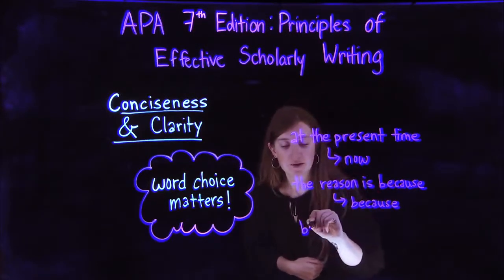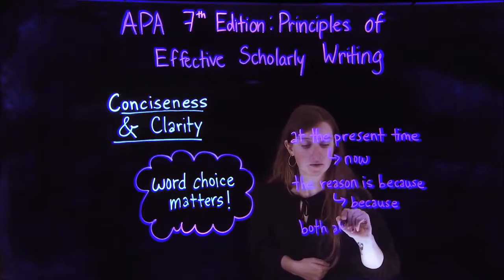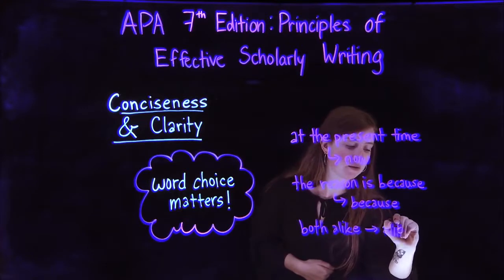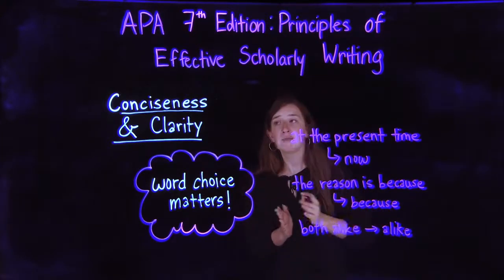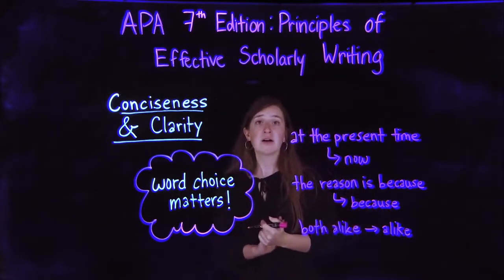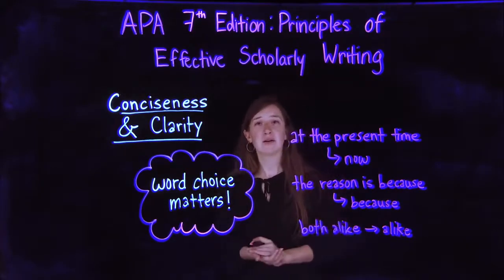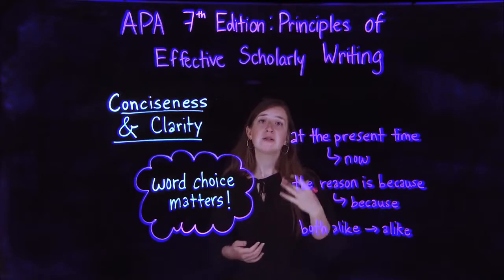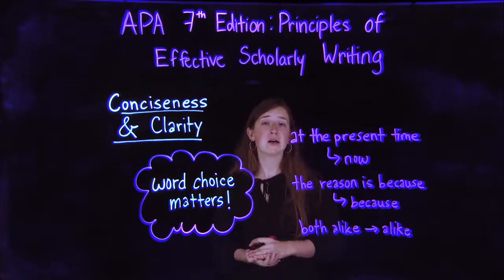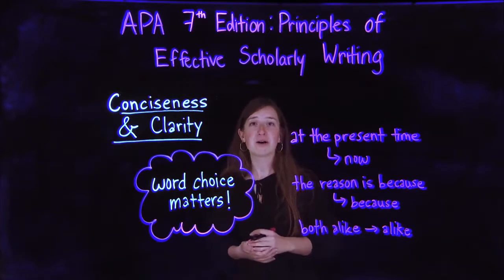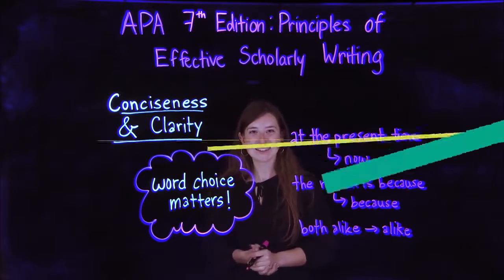Instead of saying both alike, just say alike. Okay, so conciseness and clarity is all about being frugal with your words, being very deliberate in your linguistic choices, and of course this is going to make your work more scholarly, it's going to make your work more effective, and it's going to make it easier for your reader to follow your ideas.